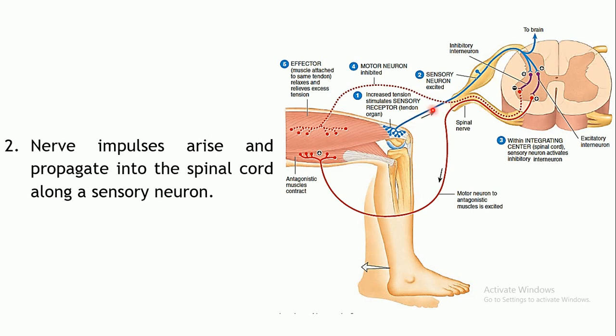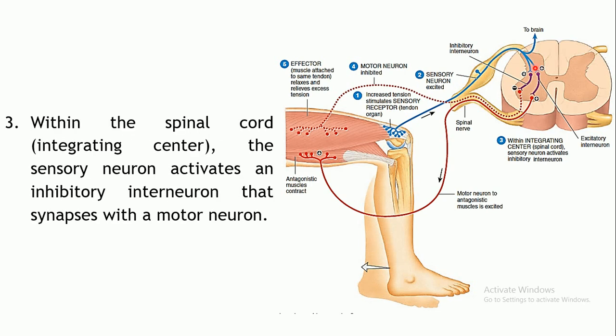So this will be carried by the sensory neuron and will be propagated towards the spinal cord. Now in the spinal cord, what will happen? Integrative function will take place. So the sensory neuron is activating an inhibitory interneuron. Now this is an inhibitory interneuron. As you can see over here, it is stimulated. But what is this interneuron doing? Is it stimulating the motor neuron?